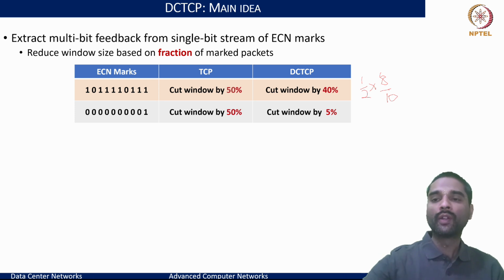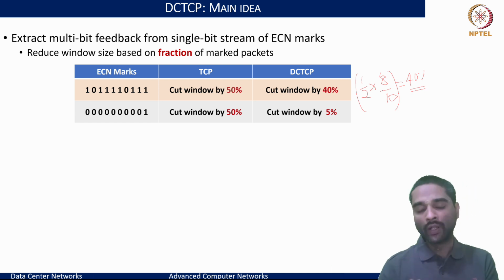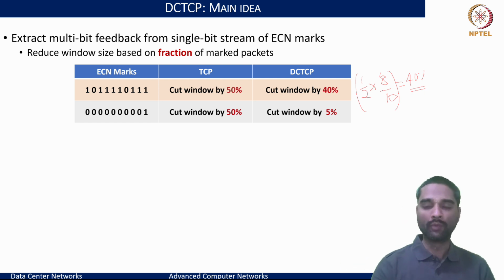So this would result in cutting the window not by half, but by 40%. So I reduce the window size by 40% of my current window, so that I slow down, but not completely slow down by cutting to half.